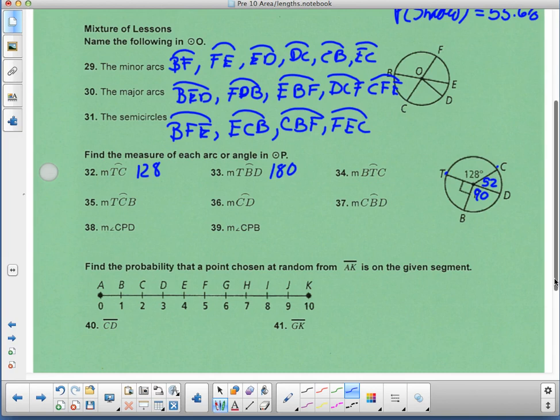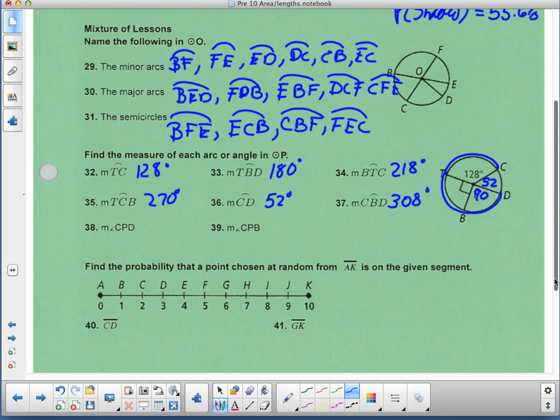BTC is 90 plus 128, which is 218, and these are all degrees. TCB, if I go TCB, is 180 plus 90, which is 270. CD is just 52. CBD, remember CBD goes around this way, so it's 360 minus 52, which is 308.